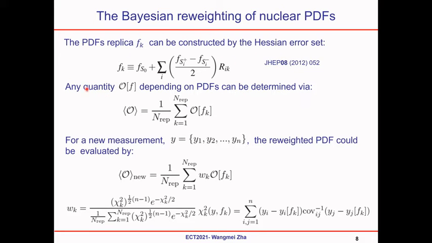And for each quantity, depending on the PDFs, it can be determined using this formula. And for a new measurement, for new input, the reweighted PDF can be evaluated by the following equations. If you are interested in the details, you can look at the reference shown here. But in this presentation, I won't go into details because of the time limit.